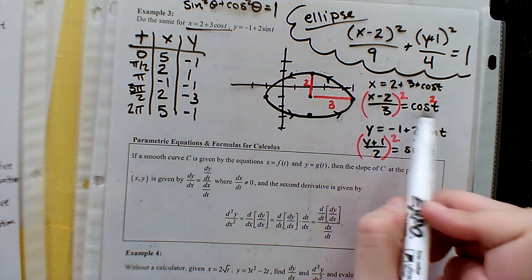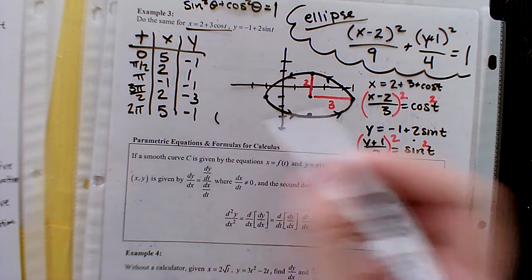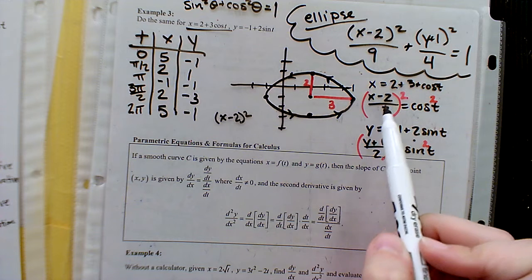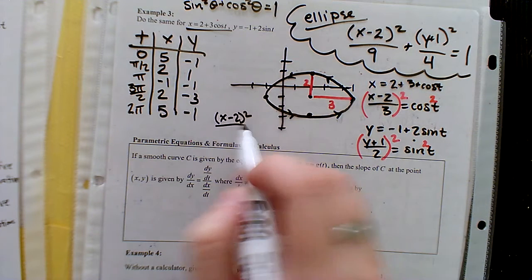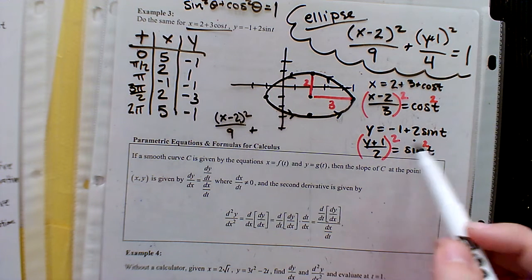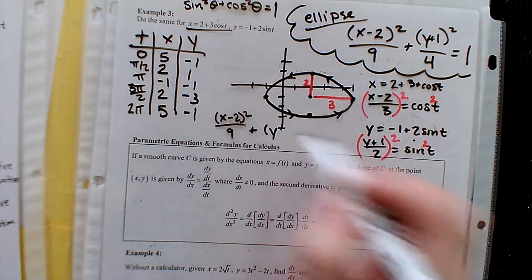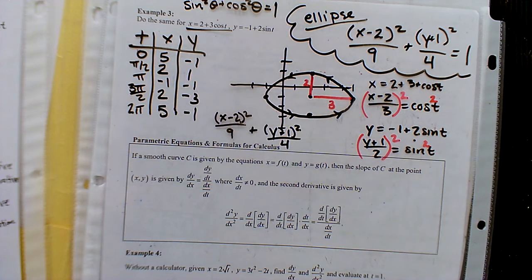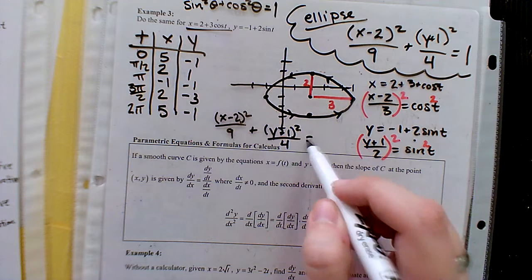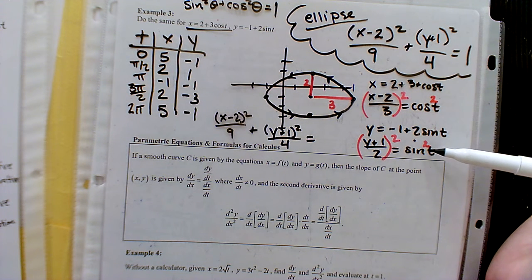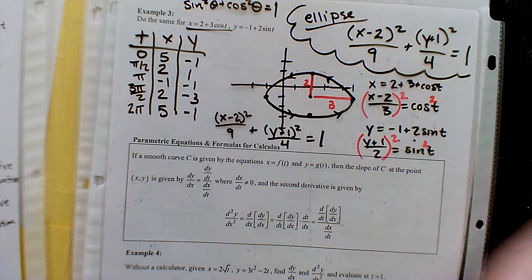So when we're working with the cosine squared function, we can rewrite that as x minus 2 squared, just the top squared, and then the bottom would be 3 squared, which we know is 9. And if we add the sine squared value, that would be y plus 1 squared over 2 squared, which is 4. And since we added cosine squared plus sine squared, we know the result should be 1.